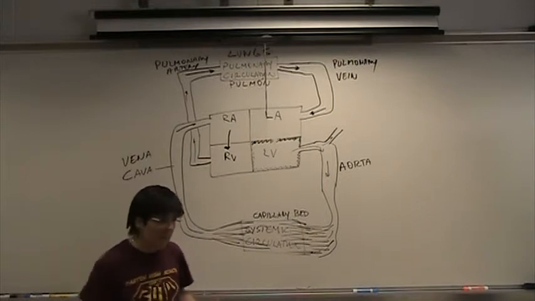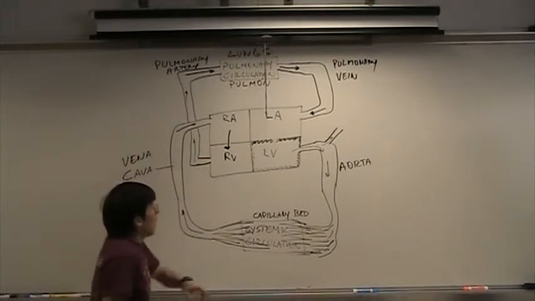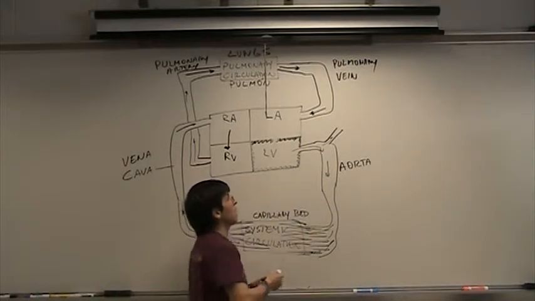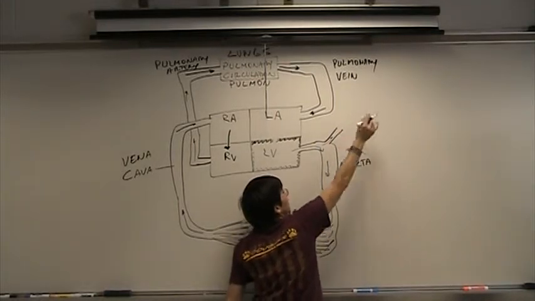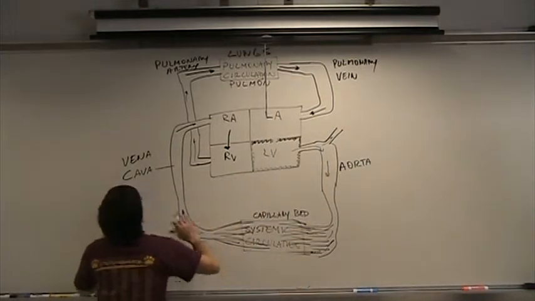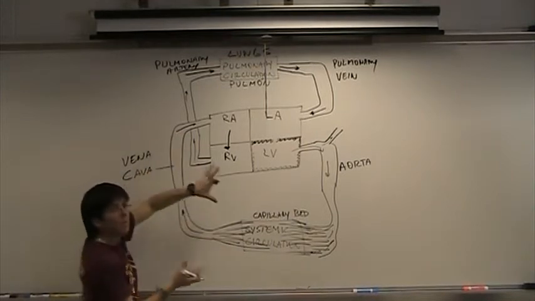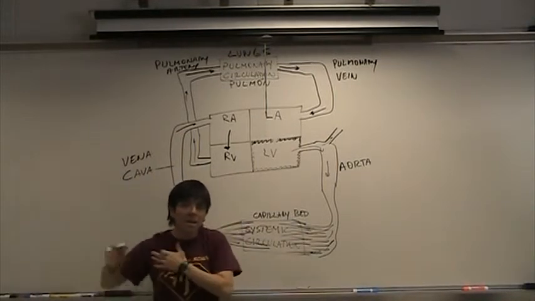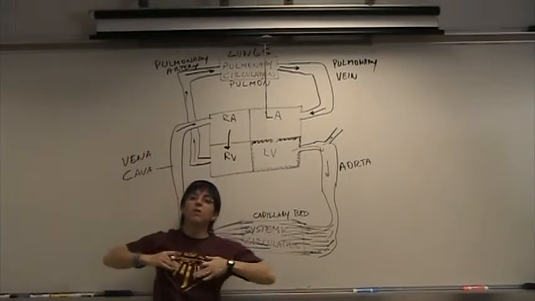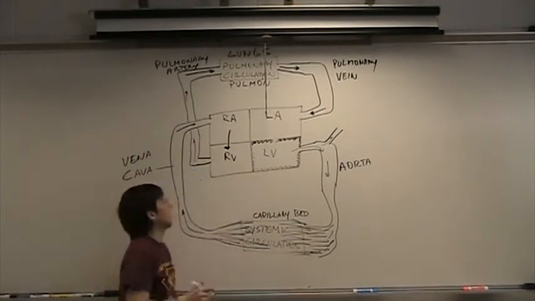Now you can complicate it as much as you want to, because when the aorta comes out, the aorta splits in other branches. When the vena cava comes in, this is the vena cava coming from the bottom of your body. We have another one coming from the upper part of your body.